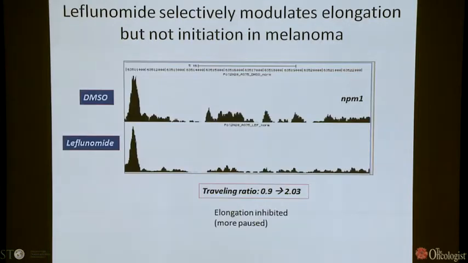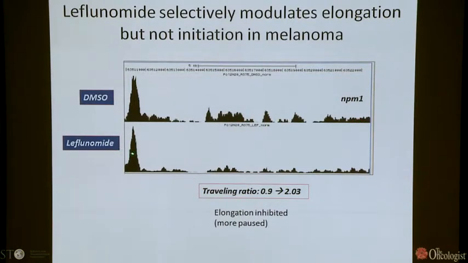And what does leflunomide do? This is one example gene of what it does, the gene NPM1. This is our control cells shown here. This is the promoter peak of POL2, and you can see lots of POL2 throughout the body of the gene. This is an actively elongating gene.